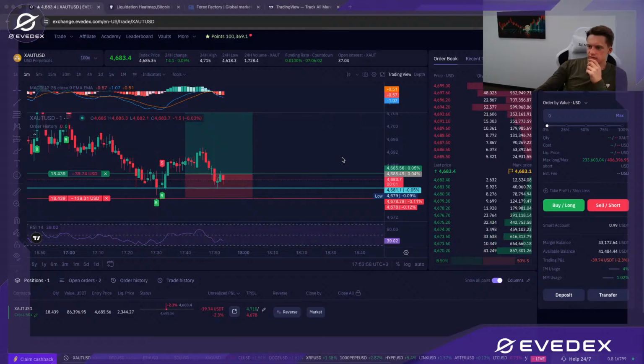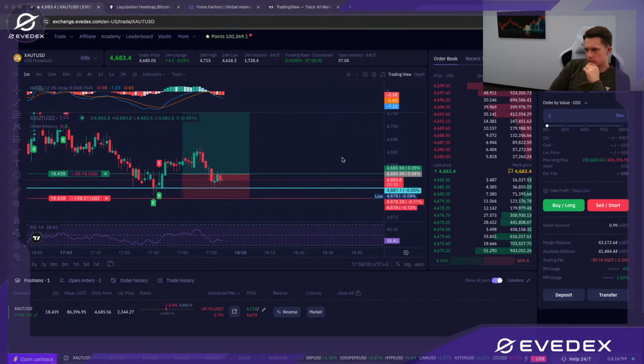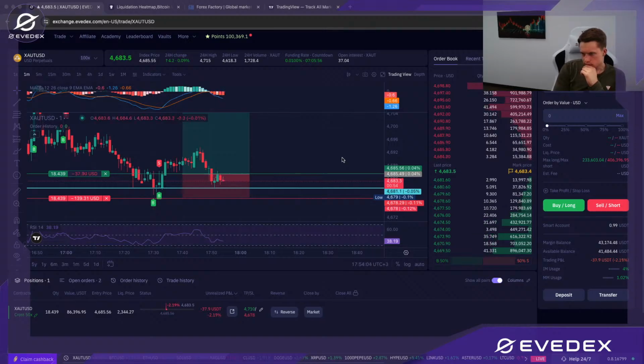Two more seconds, and that candle's fully formed now. It seems like that movement is slowing down quite a bit.